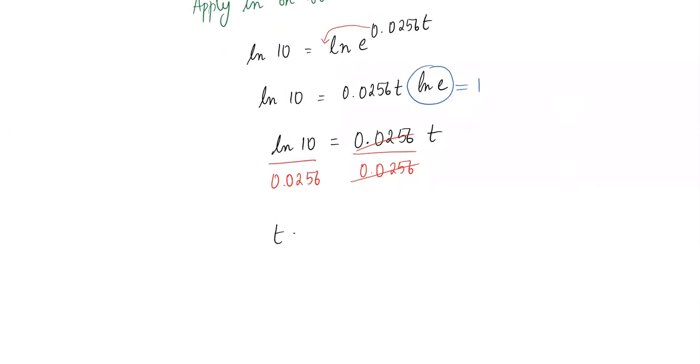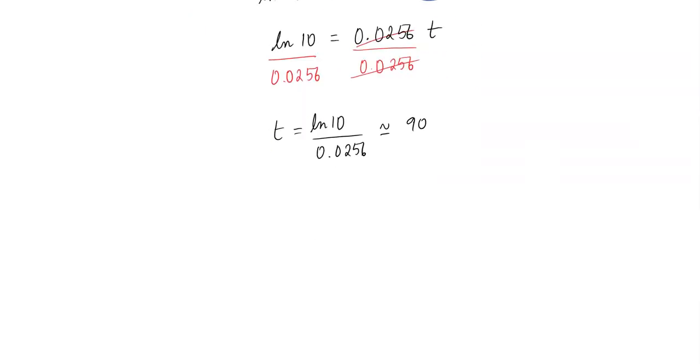And so t would be ln10 over 0.0256, which is approximately 90. So remember, t is measured in minutes. So after 90 minutes, the population of bacteria would have grown to 10 times its initial value. And that's what you're going to write now.